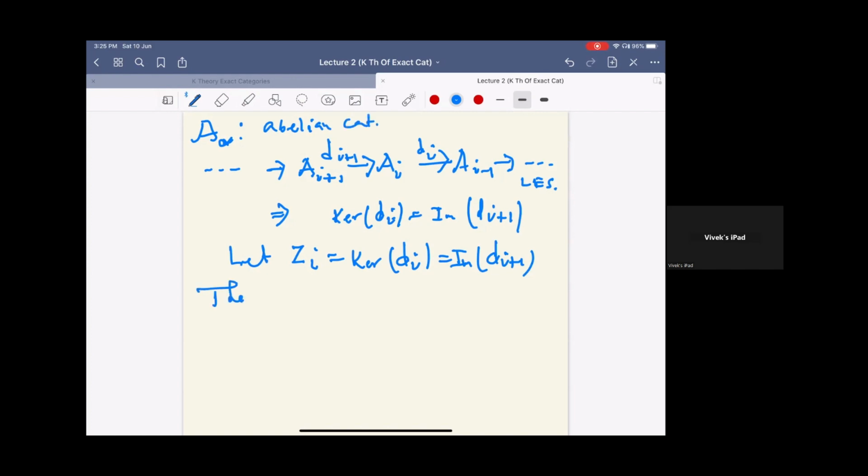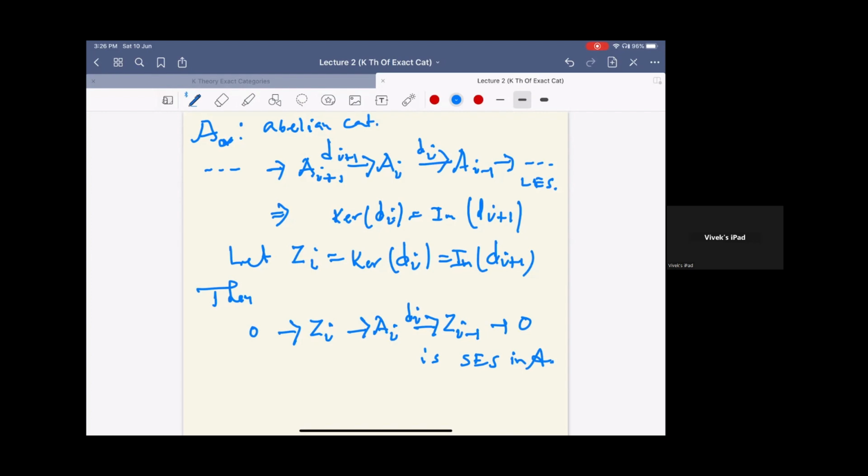Then this long exact sequence splits into short exact sequences in the following way. These are short exact sequences in the abelian category. And this is d_i.